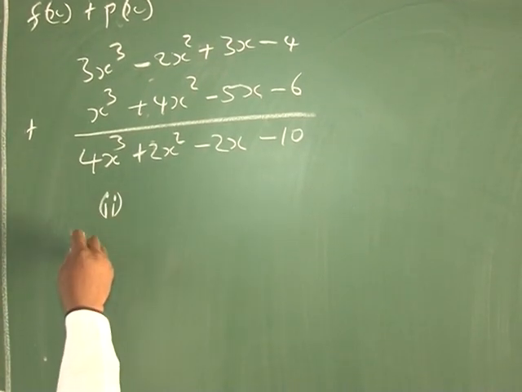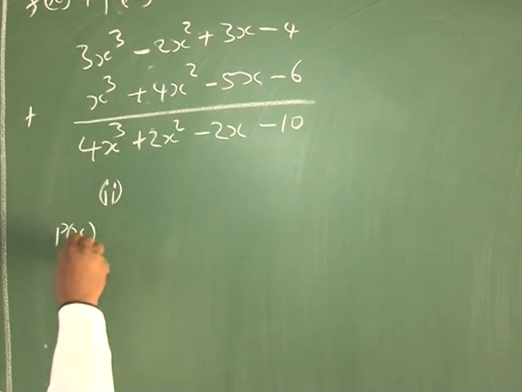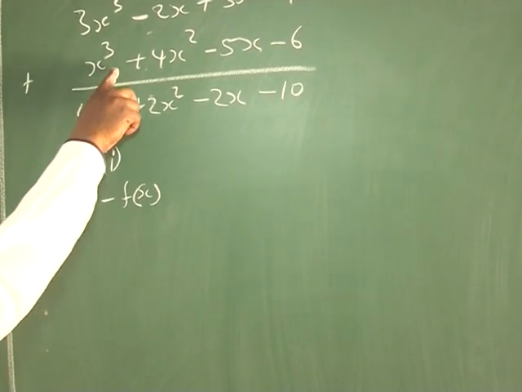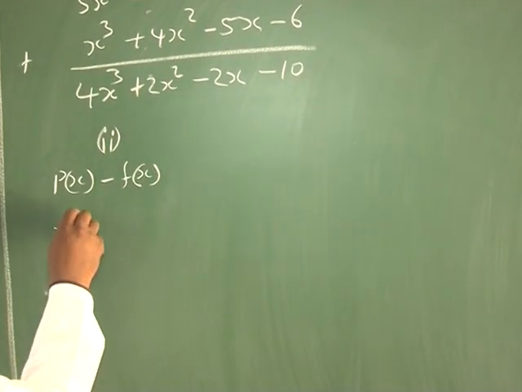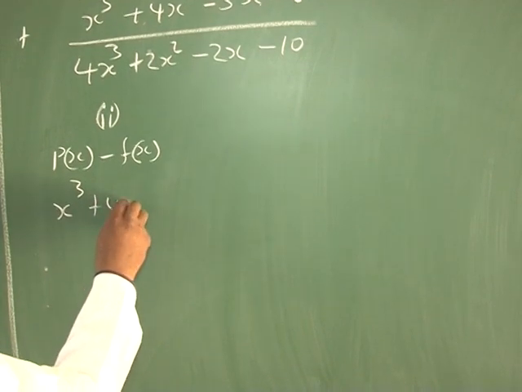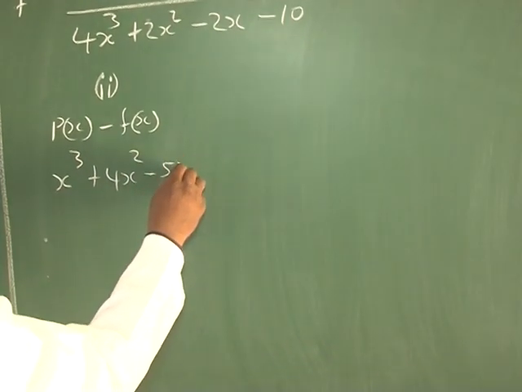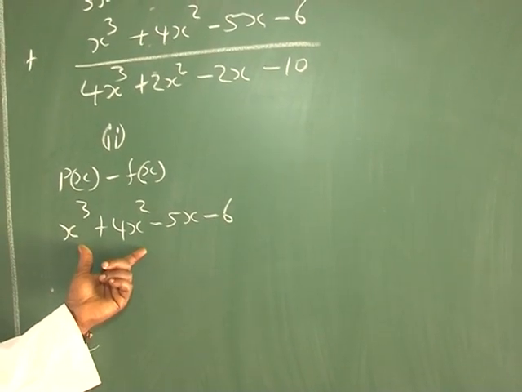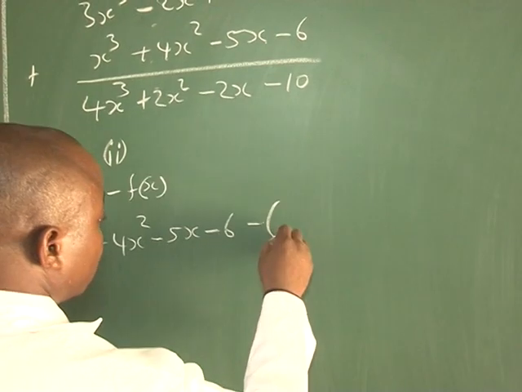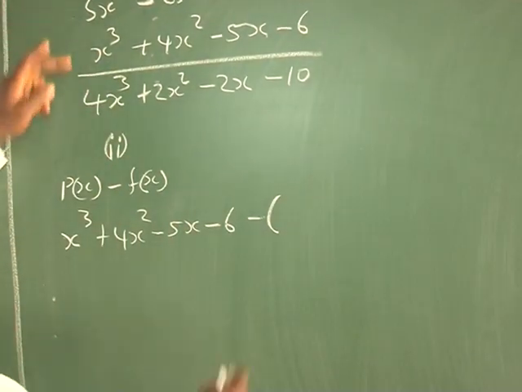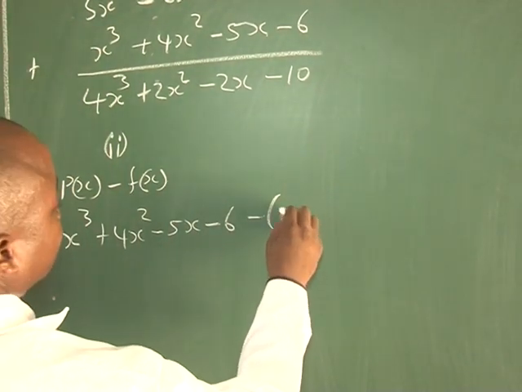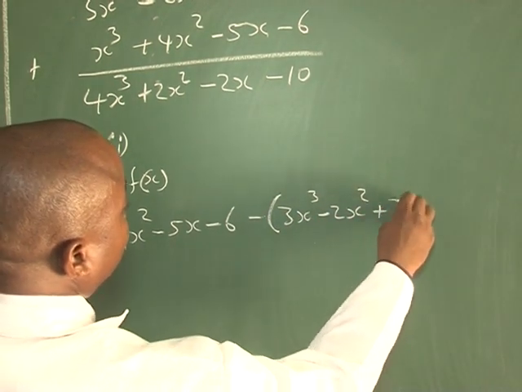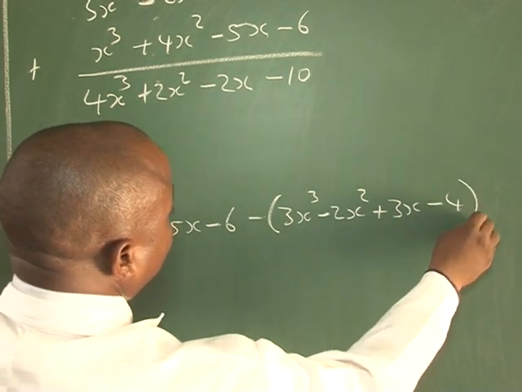Let's also look at II, which says we should look for p of x minus f of x. Now p of x is x cubed plus 4x squared minus 5x minus 6. This is p of x, minus f of x. F of x is 3x cubed minus 2x squared plus 3x minus 4.